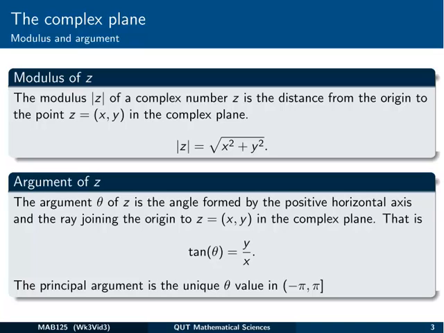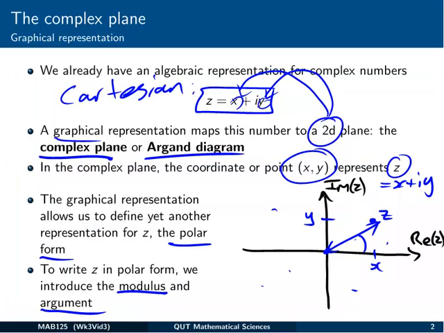The modulus, which we write as this, z with bars around it, kind of looks like the absolute value of z, or the size of z if you like. The modulus of the complex number is the distance from the origin to the point z in the complex plane. Now jumping back, distance from the origin to the point z looks a lot like the hypotenuse of this right-angled triangle, which has a base x and a height y.